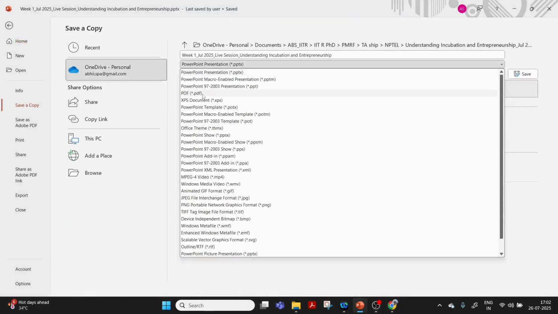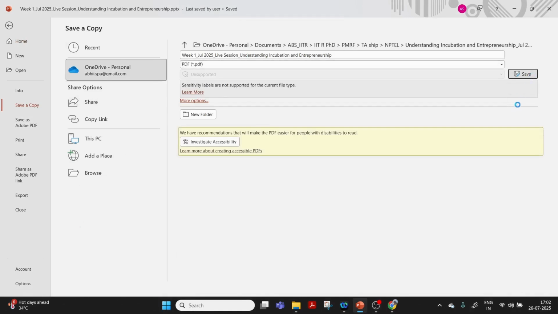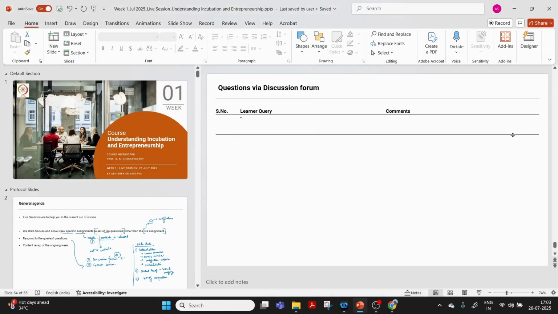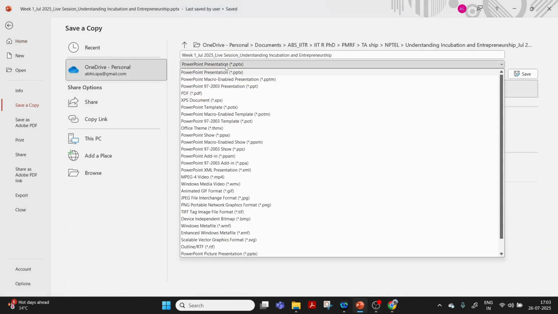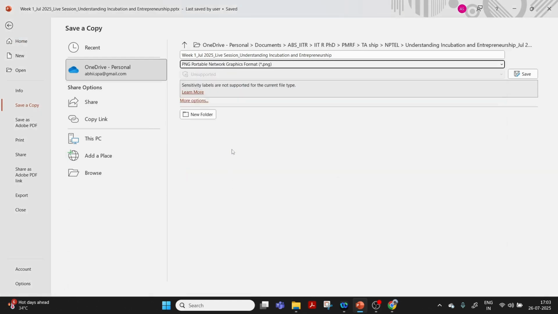So we try to save the copy in PDF. See, the first page in JPG, page.